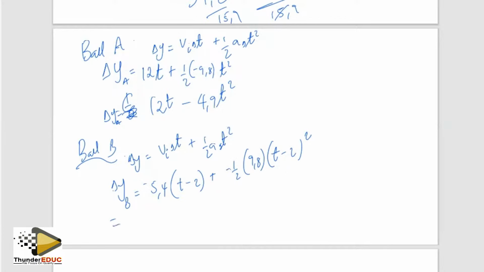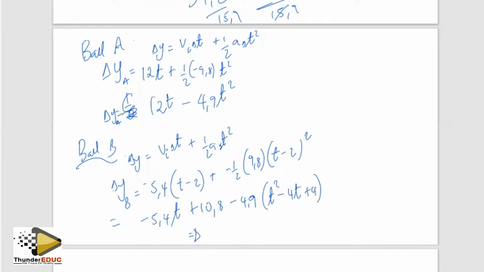When I open this up, I'll have negative 5.4t plus 10.8 minus 4.9 into t squared minus 4t plus 4.